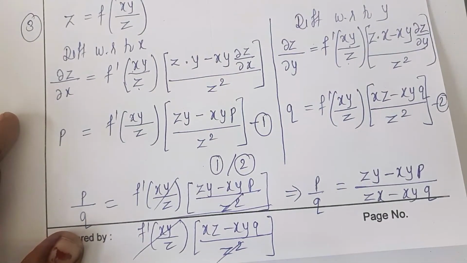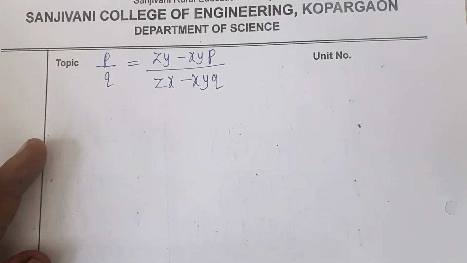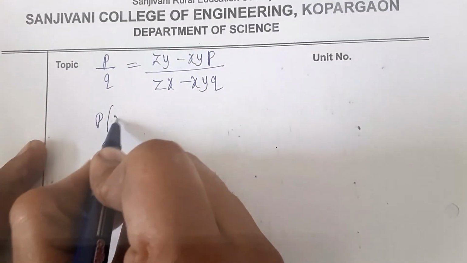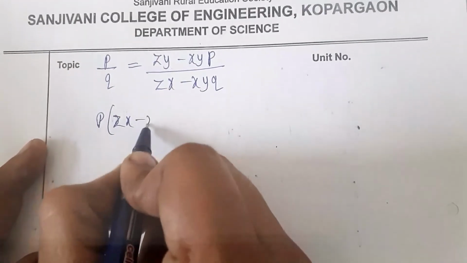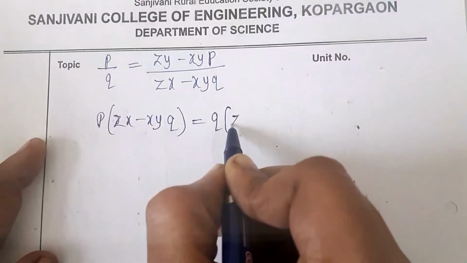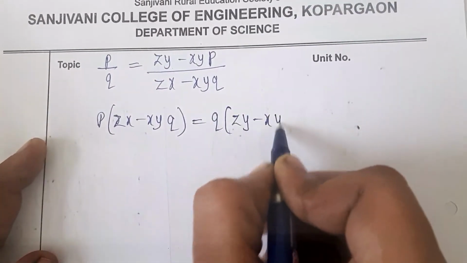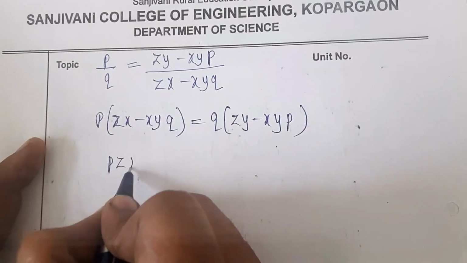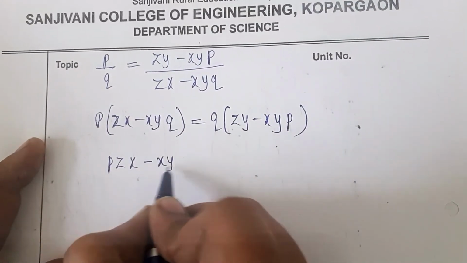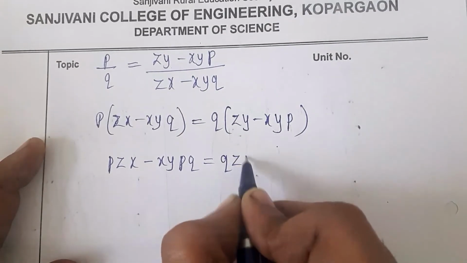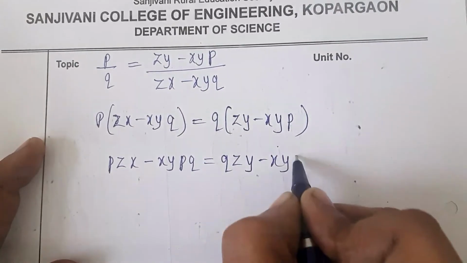Simplify it further, cross multiply: p multiplied by zx minus xyq is equal to q multiplied by zy minus xyp. So pzx minus xypq is equal to qzy minus xypq.